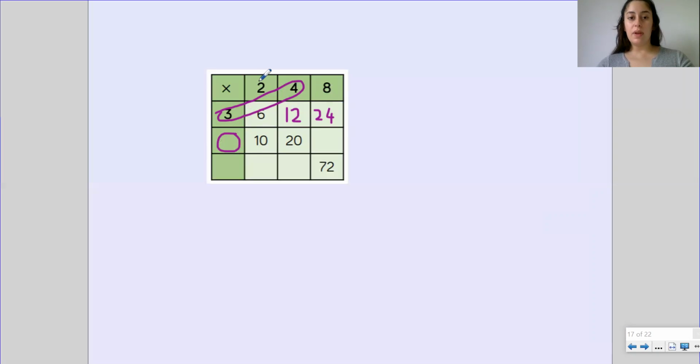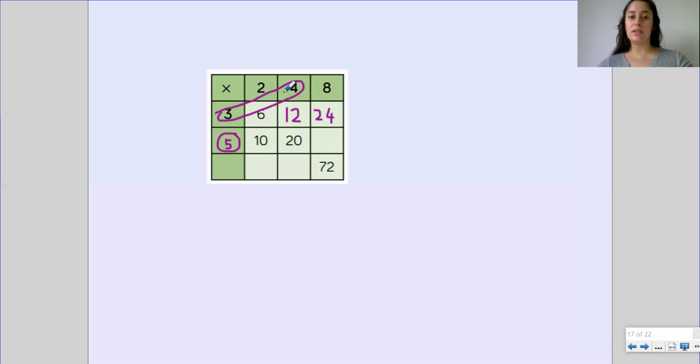Something multiplied by 2 equaled 10. What times 2 equals 10? Well, if you know your 2 times tables, you would know that 2 times 5 equals 10. So this is the number that would go here.